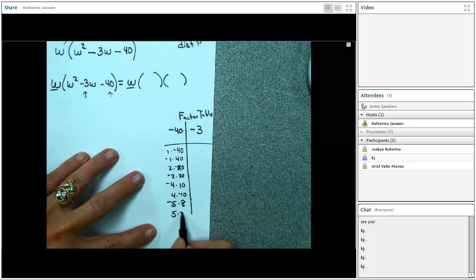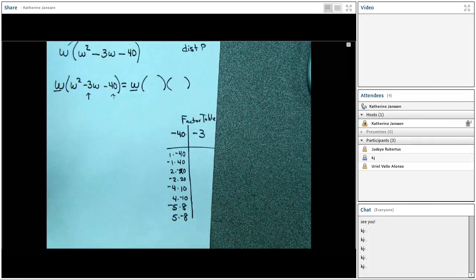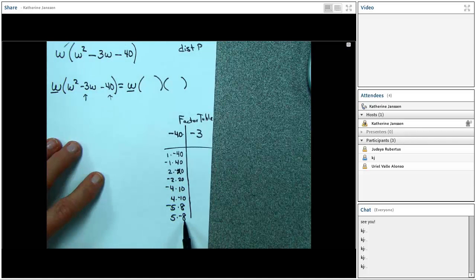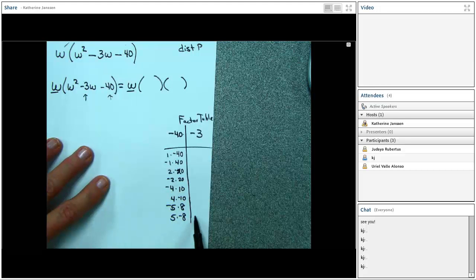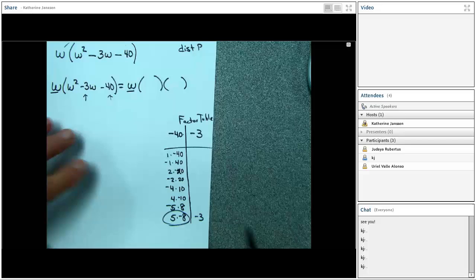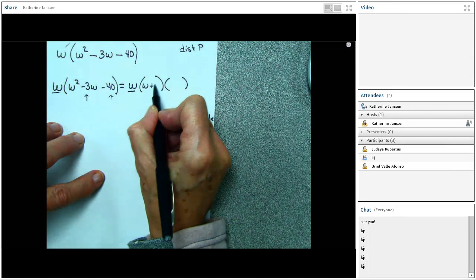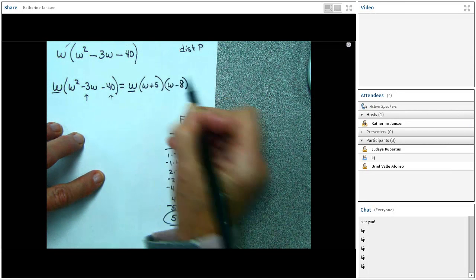How about 5 times a negative 8? 5 times a negative 8 is negative 40. 5 plus a negative 8, negative 3. There's your factor pair. W plus 5 and W minus 8.